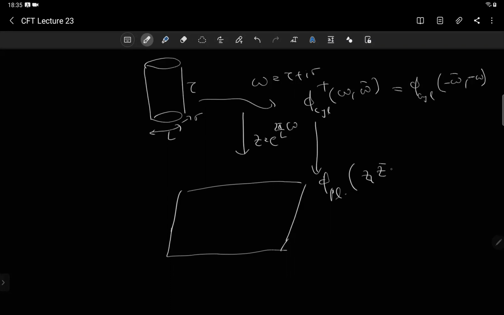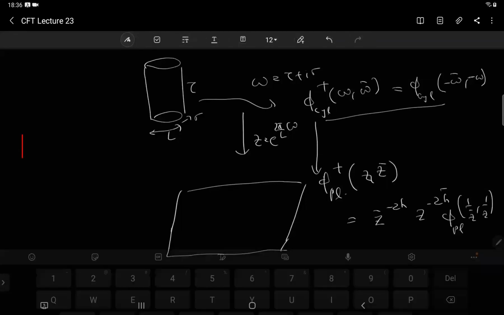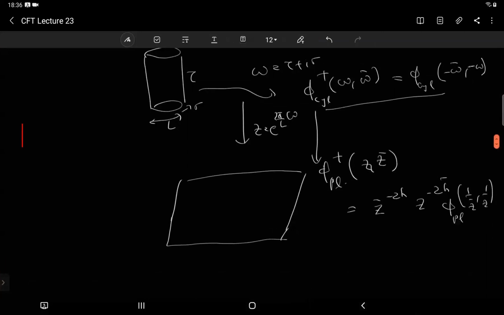Then we showed that in terms of the plane, the condition is that z bar to the minus 2h, z to the minus 2h bar times phi plane 1 by z bar, comma 1 by z. So this is what comes naturally from this by doing the conformal transformation on the phi field.